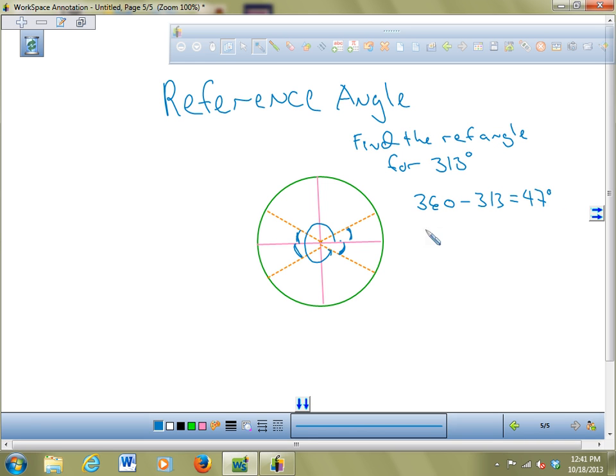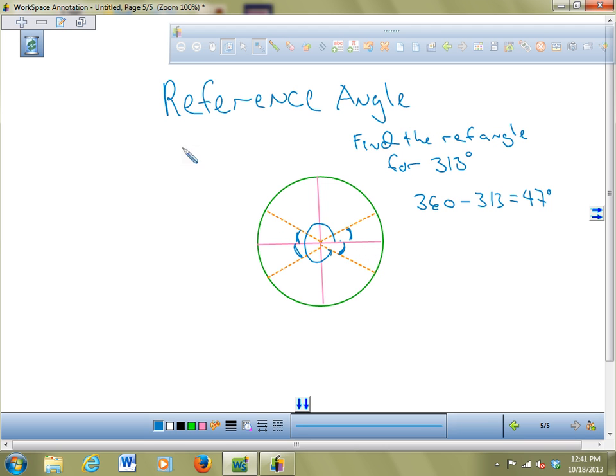Why would you ever want to know that? Because maybe, But wouldn't it be negative 47 degrees because it's an angle of compression? If you wanted to find the sine of the angle, you would talk about a negative, but the reference angle is always a positive angle. So the reference angle is a positive angle. How do you know which one's the reference?